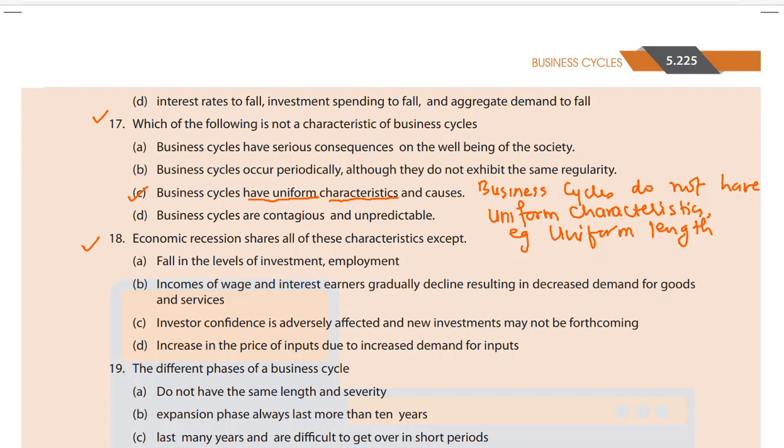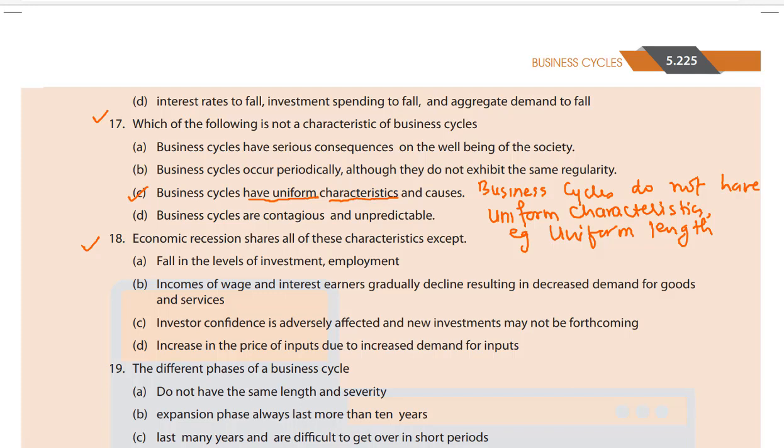Question 18. Economic recession shares all of these characteristics except A. Fall in the levels of investment, employment, or B. Incomes of wage and interest earners gradually declining result in decreased demand for goods and services. C. Investor confidence is adversely affected and new investments may not be forthcoming.